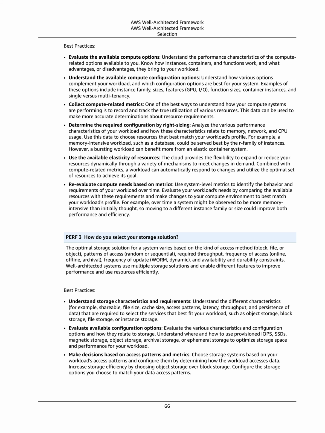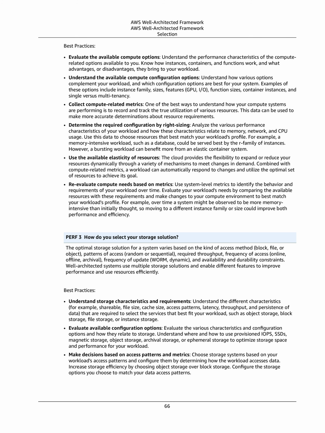Best practices. Understand storage characteristics and requirements. Understand the different characteristics, for example, shareable, file size, cache size, access patterns, latency, throughput, and persistence of data, that are required to select the services that best fit your workload, such as object storage, block storage, file storage, or instance storage.